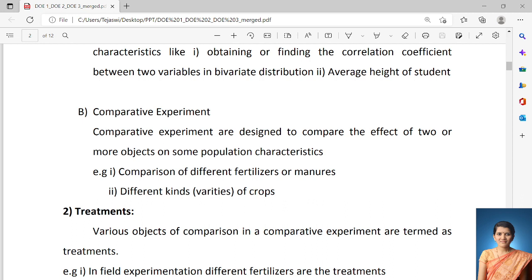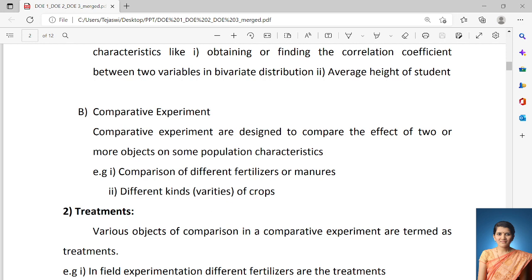So, examples are comparison of different fertilizers. Like if you have selected the plot and you have to test which fertilizer is better for this crop or this land, in this study we use a comparative experiment. And second example is different kinds of crops.